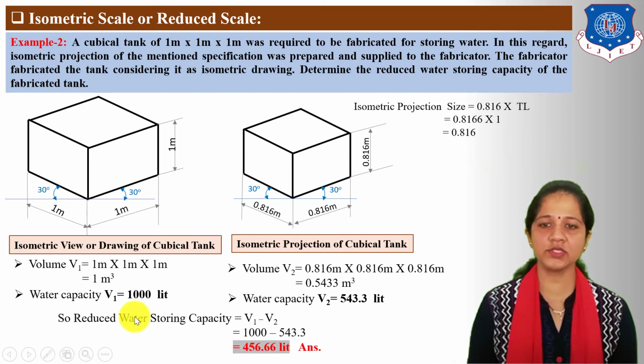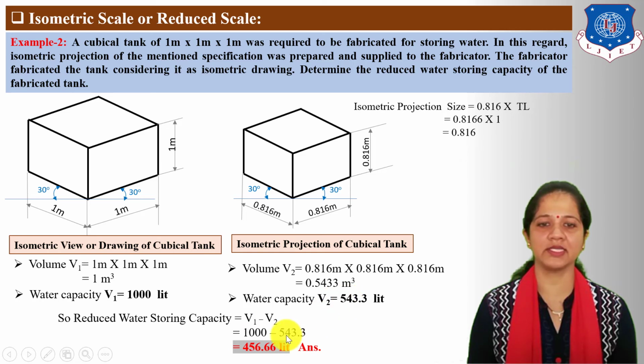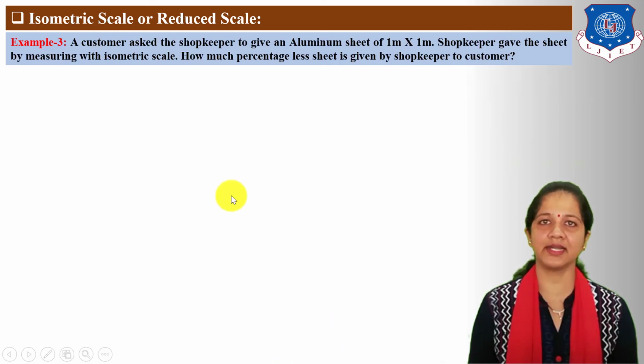So, reduced water storing capacity is equal to V1 minus V2. The value of V1 is 1000 and the value of V2 is 543.3. So, final answer for reduced water capacity is equal to 456.66 liter.